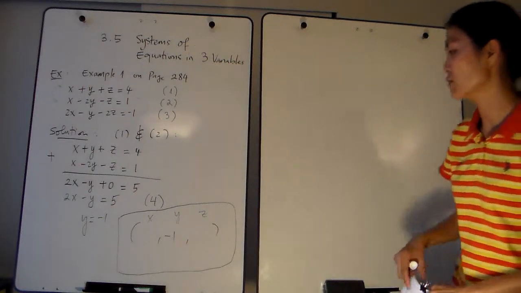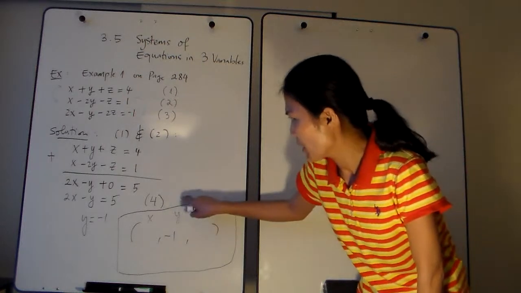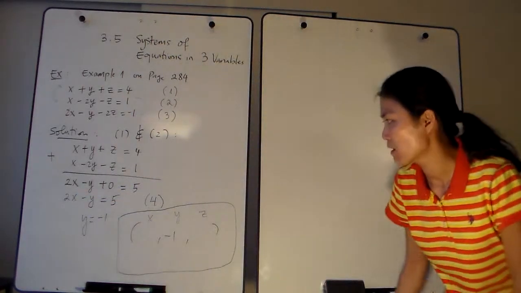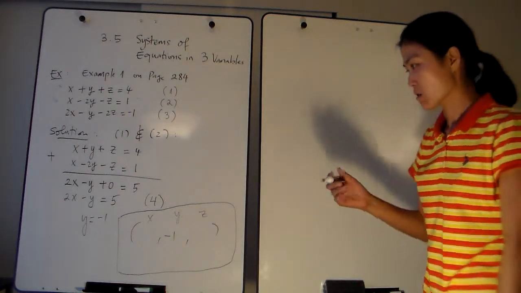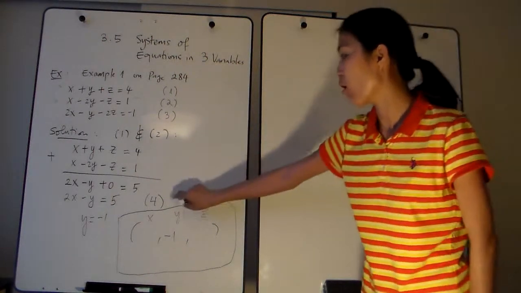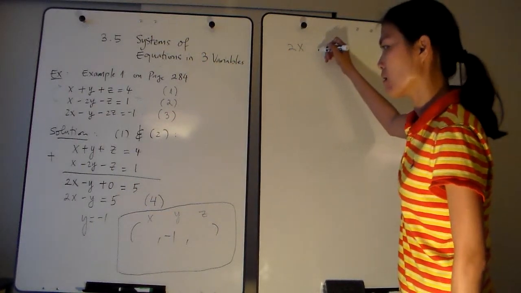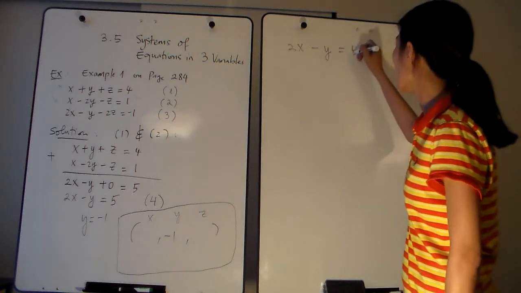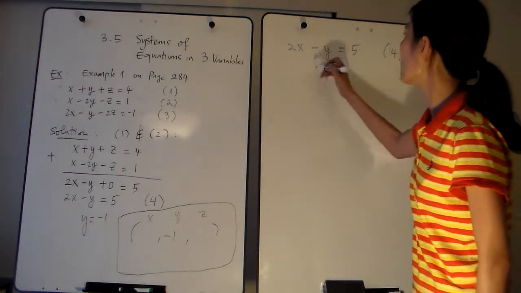Now we need to solve for x and z. Look at equation 4. It has x and y. We know y. Can we solve for x? Yes. The equation that I call 4 right here is 2x minus y equals 5. Substitute y equals negative 1 in here.